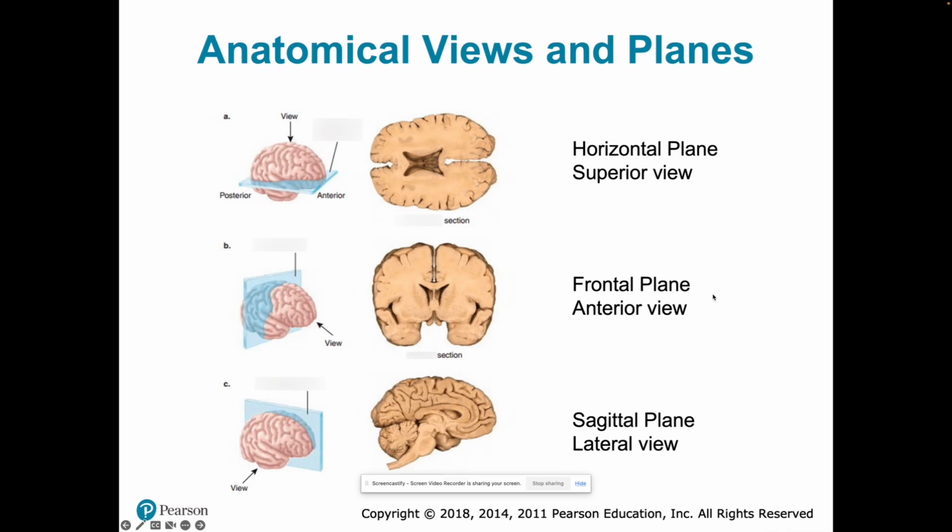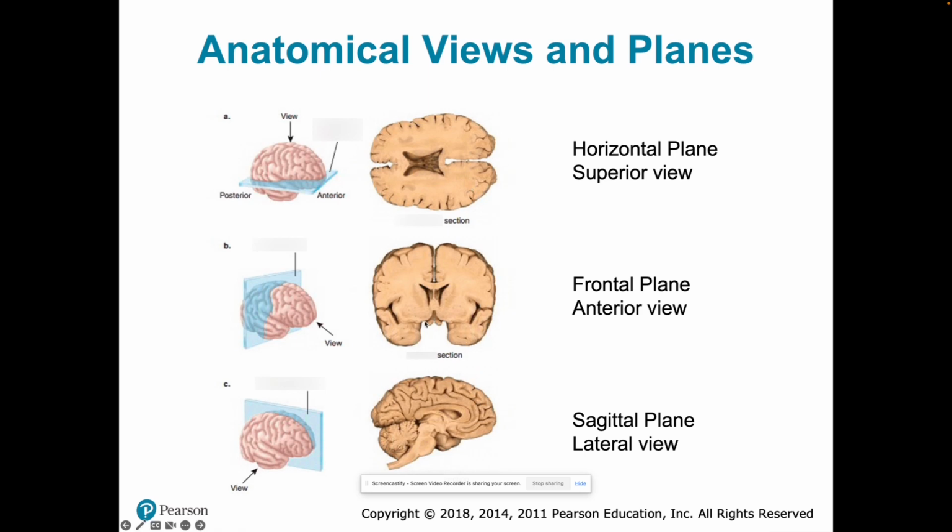The other thing you're going to see is that sometimes we don't see that brain from the outside. Sometimes we want to see the interior structures. And when we do that, what we're going to see is these planes being cut through the brain to see it from different views. So if you want to see the brain from the top, you can take a superior view, a horizontal plane like this. You could slice right through it like this and see the structures from the top.